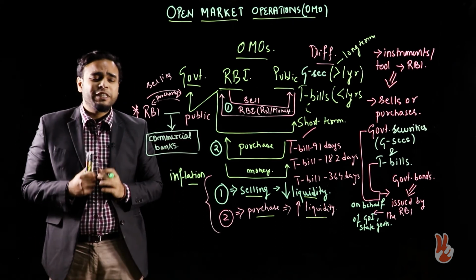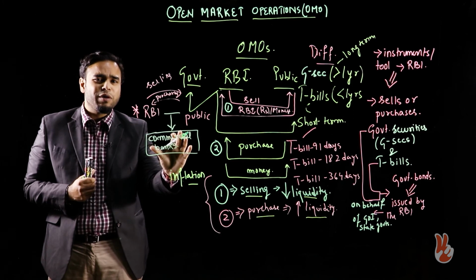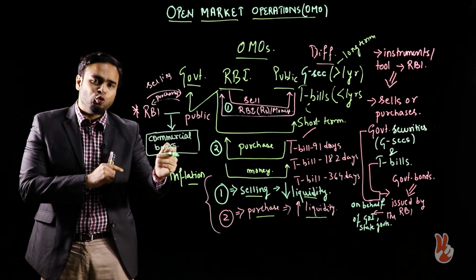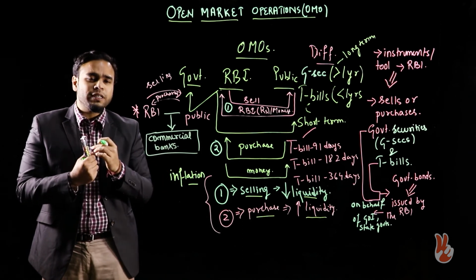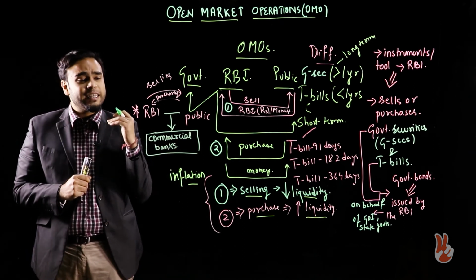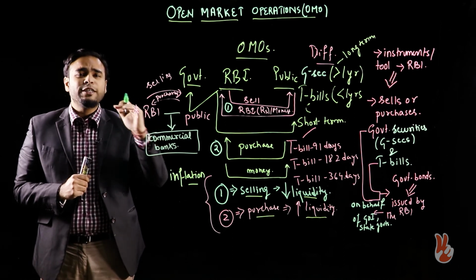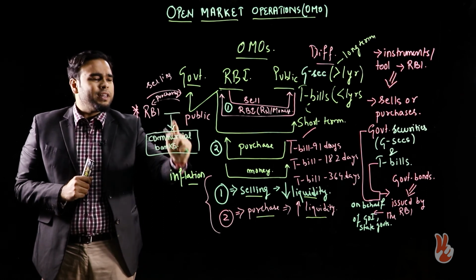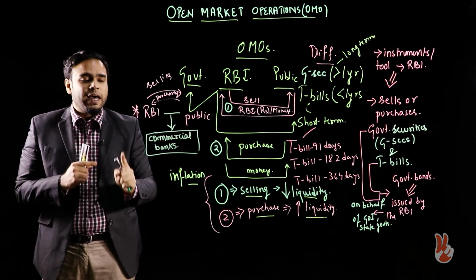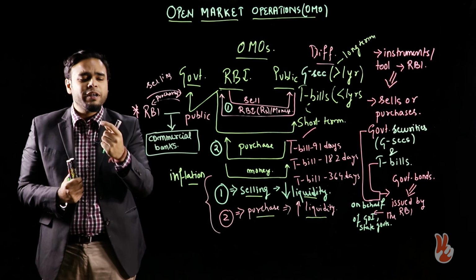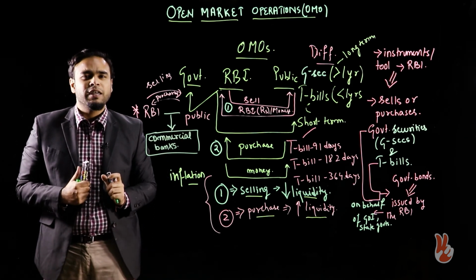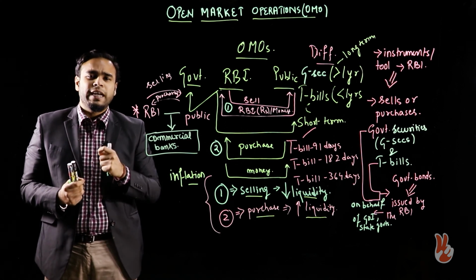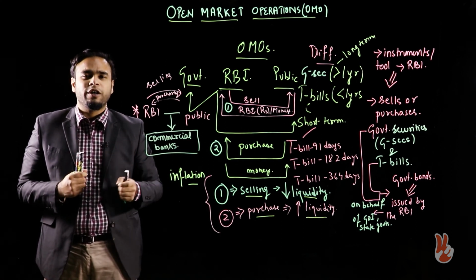Fine. So, these government securities will be in the hands of the commercial banks. Now, if the RBI directs the commercial banks to sell it, it has to do so. And if the RBI tells it to purchase it, it will have to do so. So, in this case, RBI is only giving the directives. However, the functioning between the RBI and the public is not done directly, but it is done with the help of intermediaries, which are nothing but the commercial banks. So, this is all about your open market operations, which relates to selling and purchasing of government securities. Thank you.